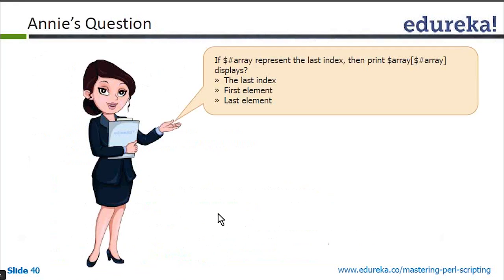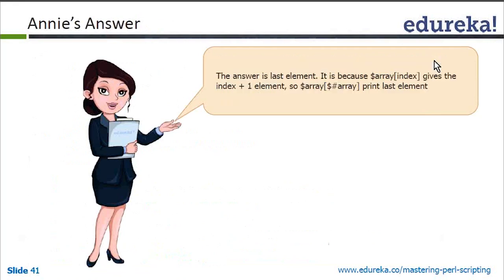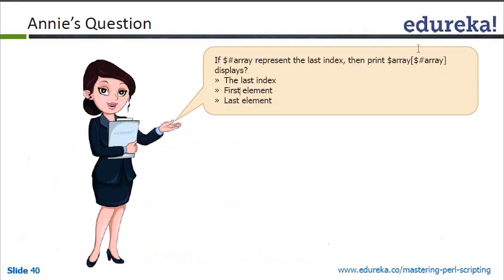This is the last array index, and when we pass this index in the array, it will print the last element value. Because $#array gives you the last index, the index plus 1 is the count. So if it is 3, you want to print array and then in the brackets 3, so it prints the last element in the array. Okay.